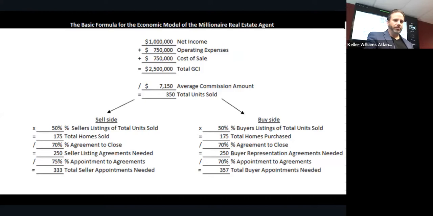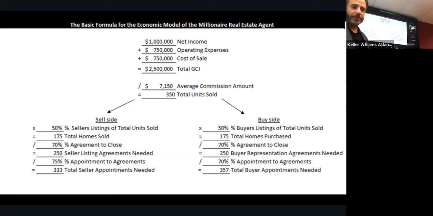I don't know if this is exactly how it looks in the Red Book, but basically it's very simple. How much do you want to make? MREA, it's Millionaire Real Estate Agent. I'm probably going to ask Christine if she can help me make the Excel spreadsheet, since I probably can't find the one we had.